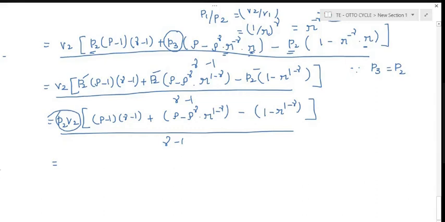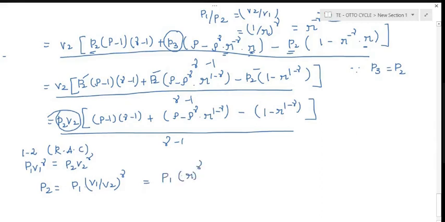Considering the process 1 and 2, which is also a reversible adiabatic compression process, P1 V1^γ equal to P2 V2^γ. So instead of P2, we can say P1 into (V1 divided by V2)^γ. V1 by V2 is nothing but r, that is the compression ratio. So instead of P2, we can substitute the term P1 into r^γ.